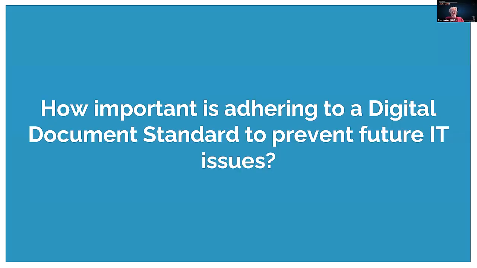So how can we do that, and what is that for preventing future IT issues? I think on our side, that is helping these groups come up with, maybe not come up with the standards, but helping them use the standards. So if we come up with something or they come up with something, we provide that framework for the ease of use. I think Chris mentioned that early on.